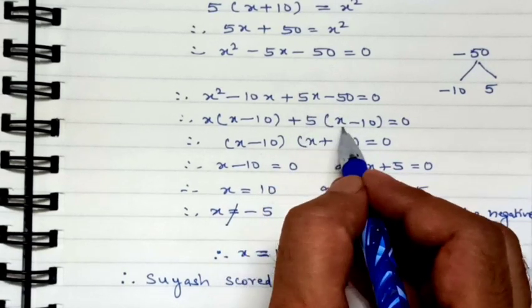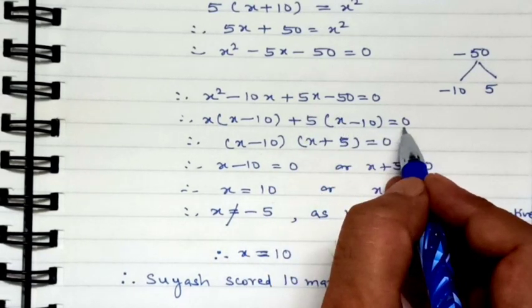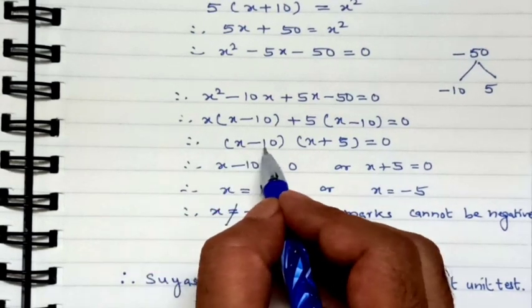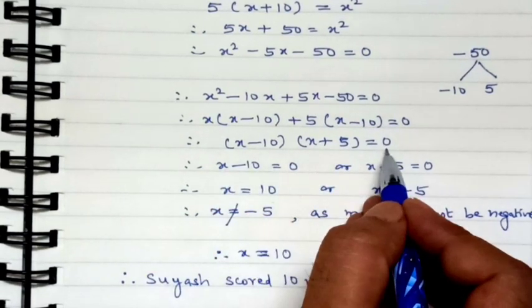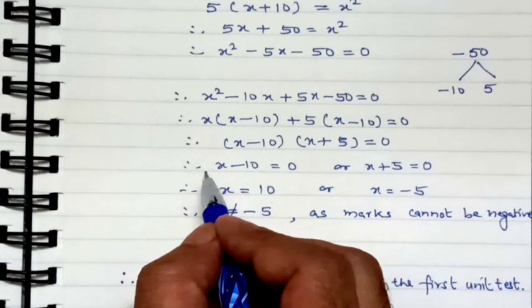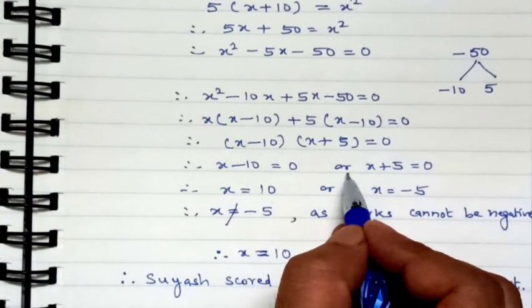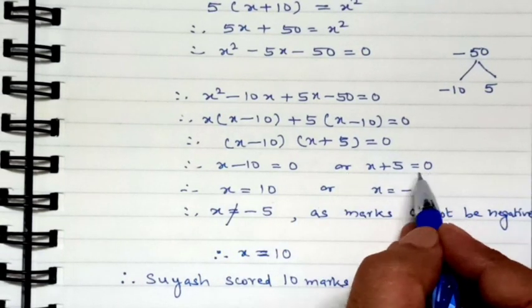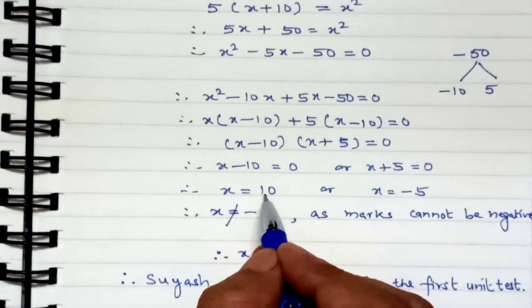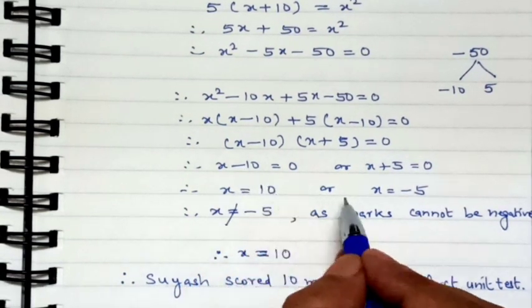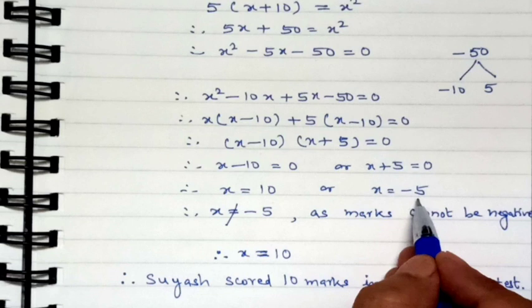So 5 in bracket x minus 10 is equal to 0. Therefore x minus 10 into x plus 5 is equal to 0. Therefore either x minus 10 is equal to 0 or x plus 5 is equal to 0. Therefore x is equal to 10 because this minus becomes plus, or x is equal to minus 5 because this 5 becomes minus 5.